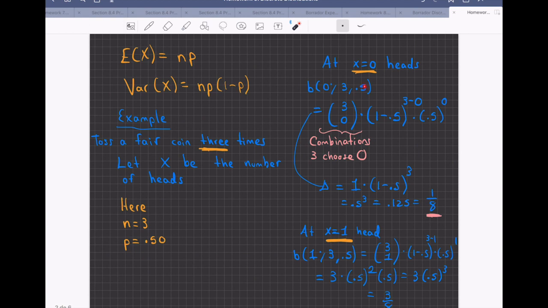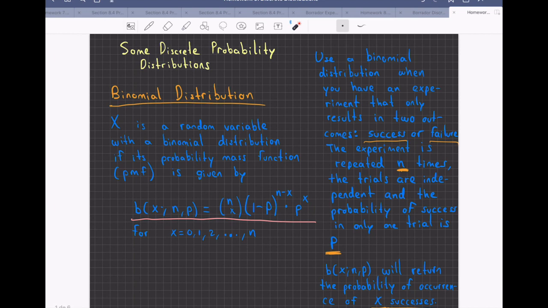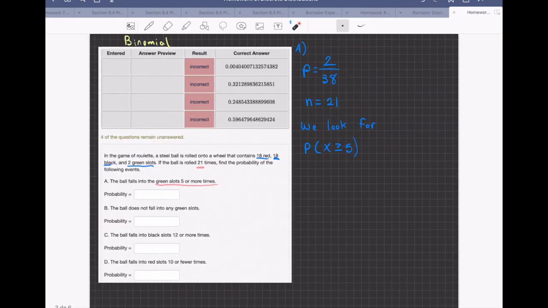You will have to substitute all of these values into this formula, and then add all the probabilities. But we don't have to do that here, right? Because we can take advantage of the application. This is probability of x equal to 5, plus probability of x equal to 6, and so on, up to probability of x equal to 21. So we have to compute all of those probabilities and add them. But again, here we can take advantage of the application.